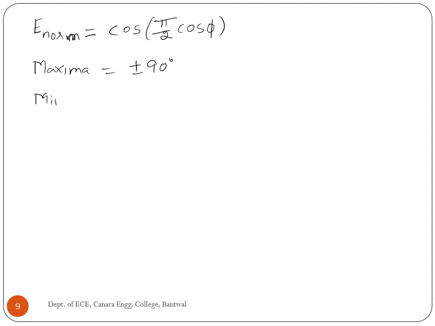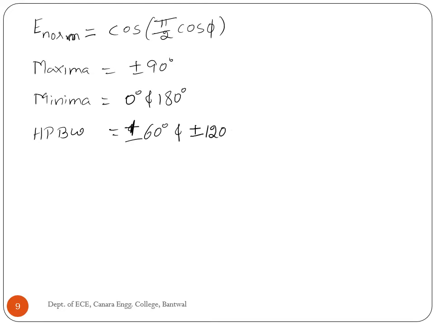Minima directions are 0 degree and 180 degree. Half power point directions are plus or minus 60 degree and plus or minus 120 degree.